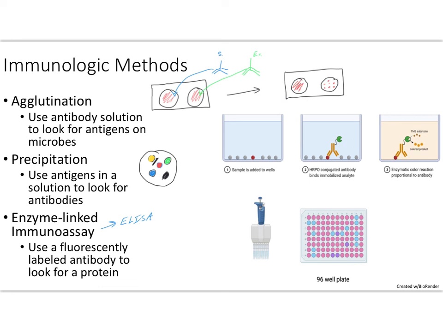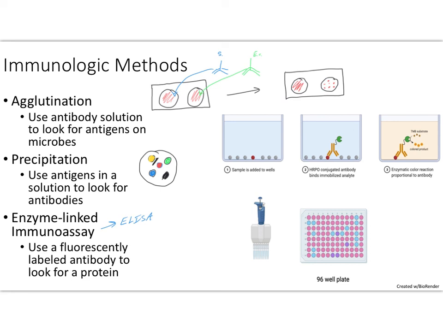What we're then going to do is take that fluorescently labeled antibody and put it into this solution that has those different antigens attached to the bottom. And we are going to look to see if we have found a match between the antibody and the antigen. If there's a match, the solution will turn color.